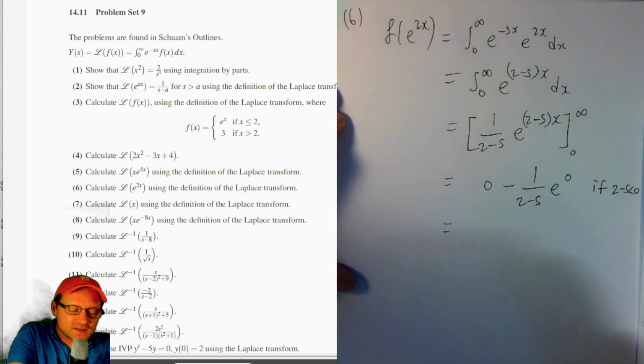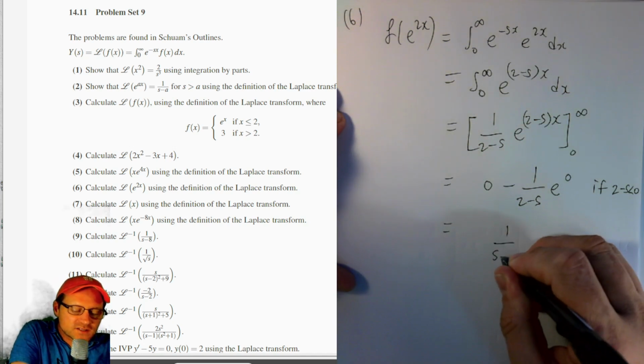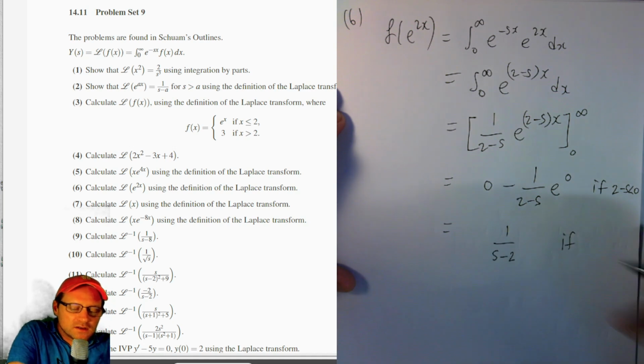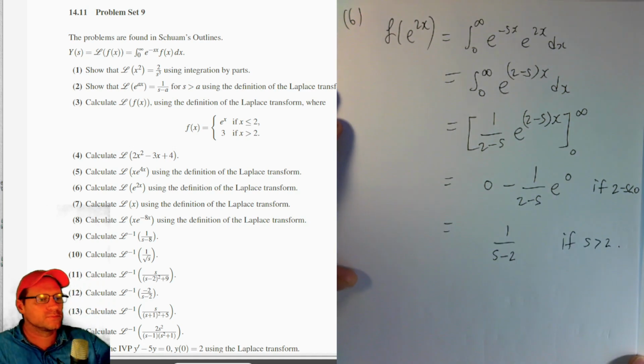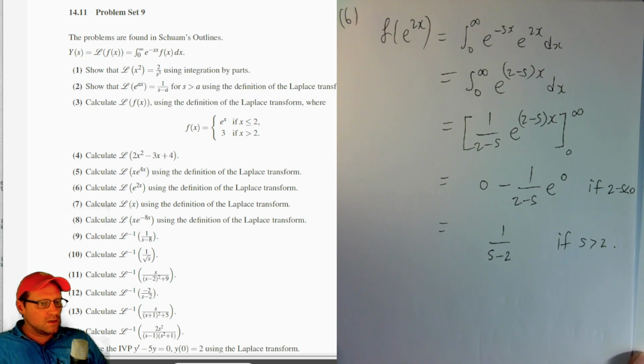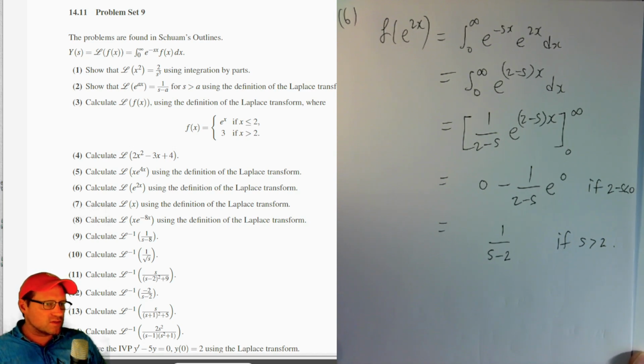All right, and so this is 1 over s minus 2 if s is greater than 2. Now, that agrees with what we have in question 2.